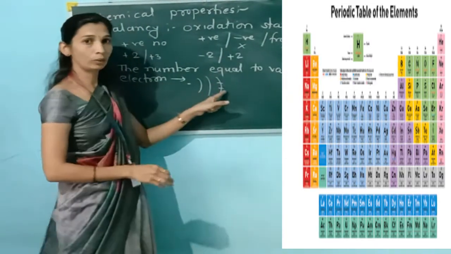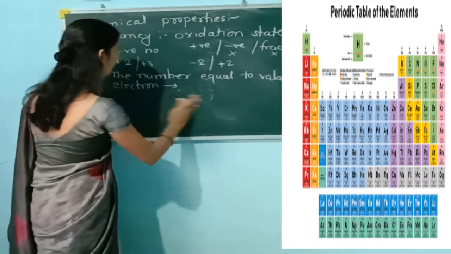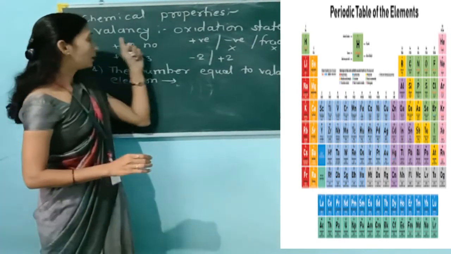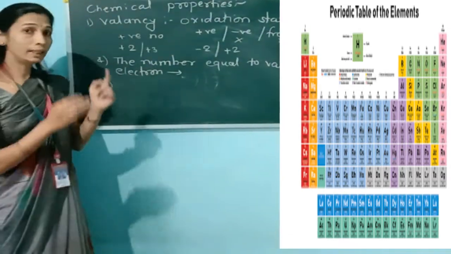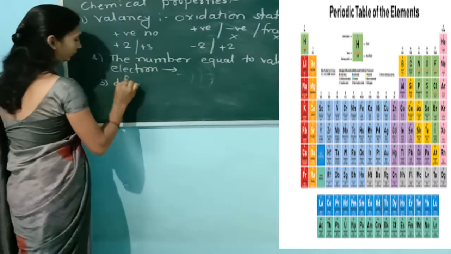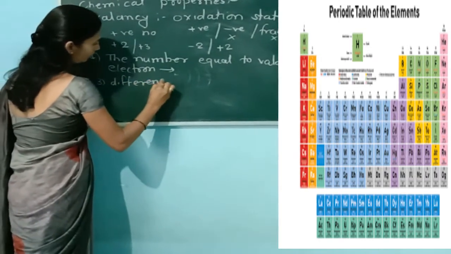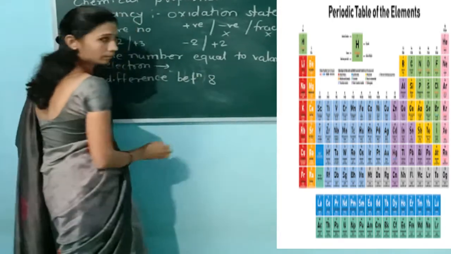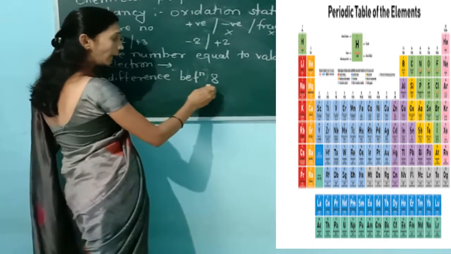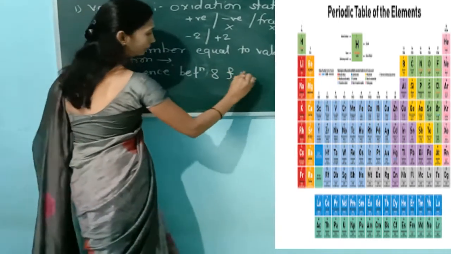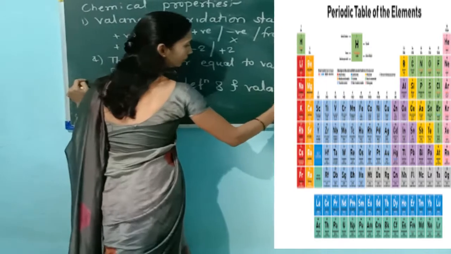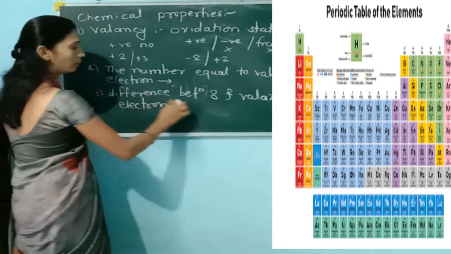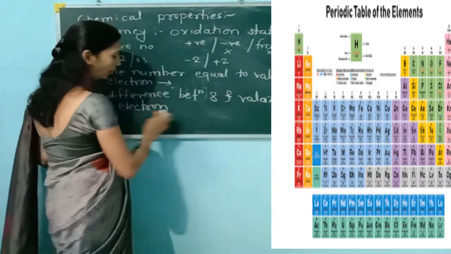The third definition is that valency is the difference between the number 8 and the valence electrons.